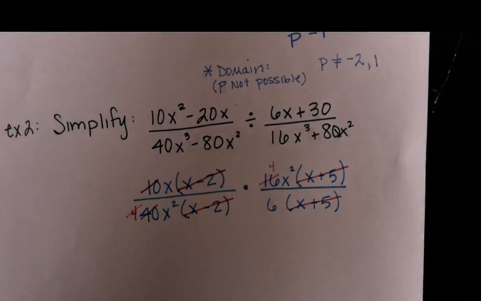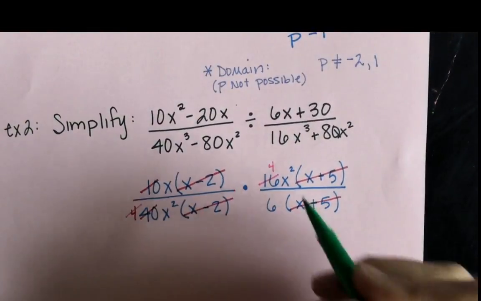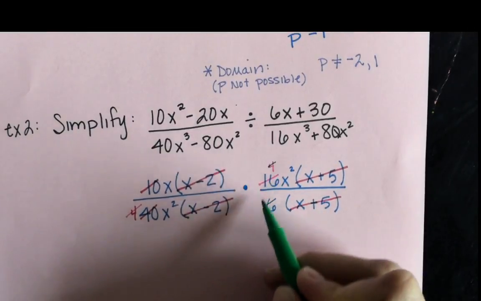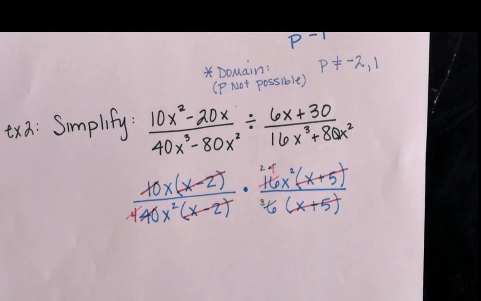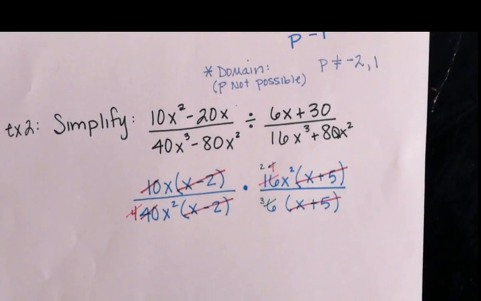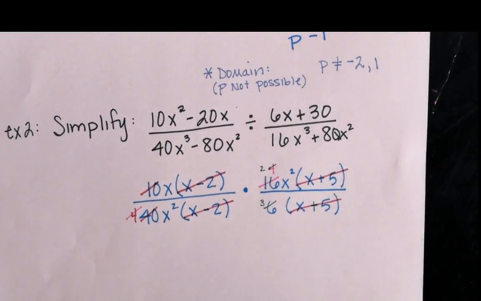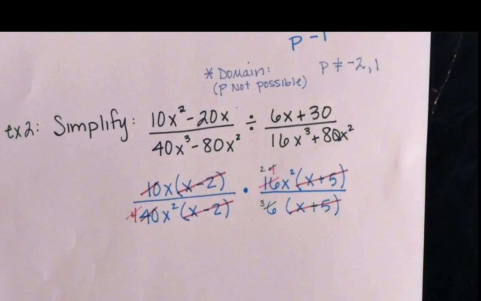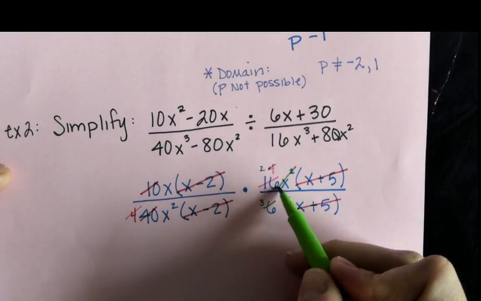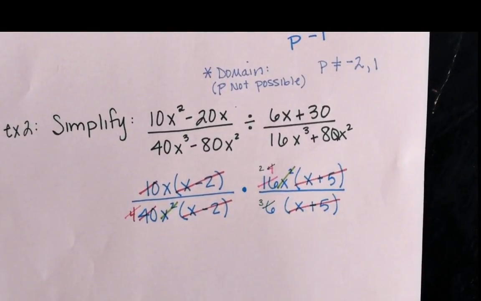And then we can go ahead and cancel our 6 and 4 to a 2 and a 3. So I am accounting for what's left over. I at least can see right now that I have an x squared on top and an x squared on the bottom, so I'm going to get rid of those, and that kind of cleans things up.